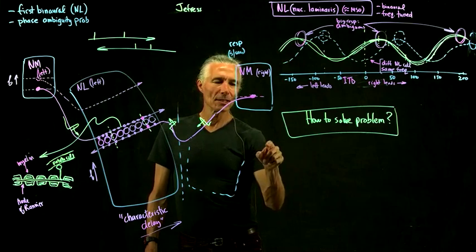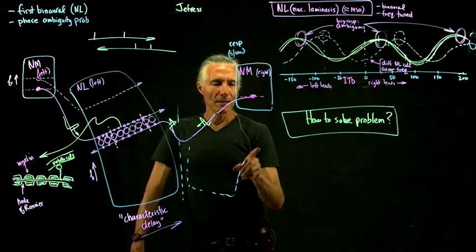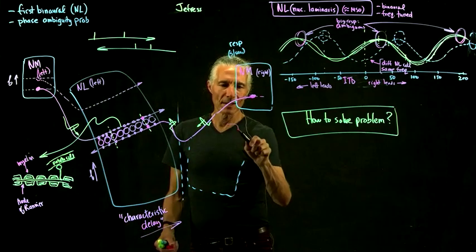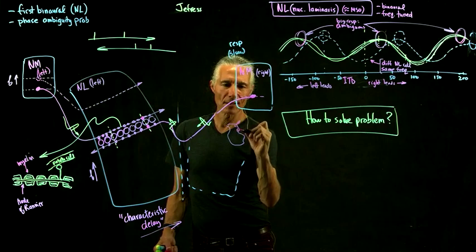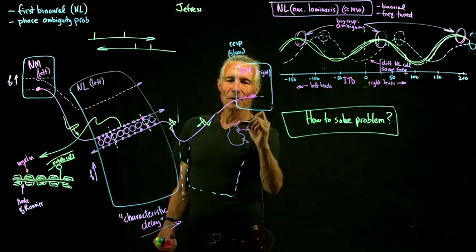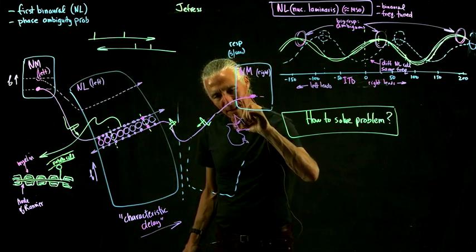So each detector is ambiguous. If you have an object like this, this detector thinks it's going that way, this one thinks it's going that way, this one thinks it's going that way. So there are all different possibilities. Each one of these, you don't know, it could be going that way or that way.